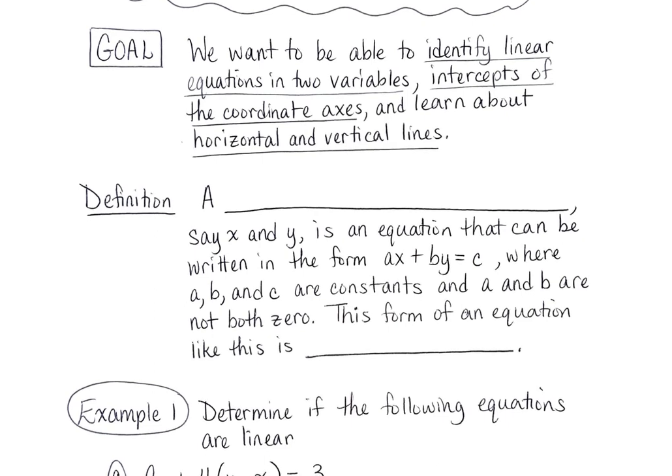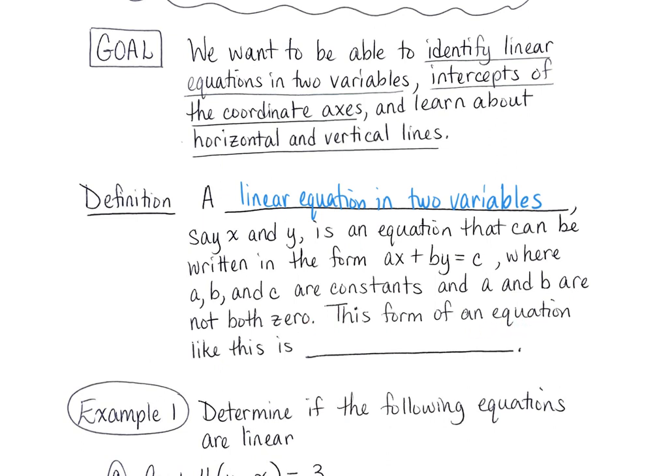A linear equation in two variables, say x and y, is an equation that can be written in the form ax plus by equals c, where a, b, and c are constants and a and b are not both zero.